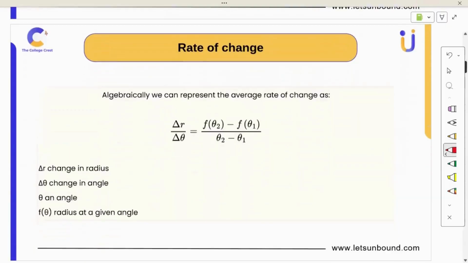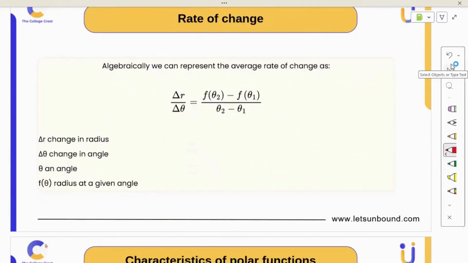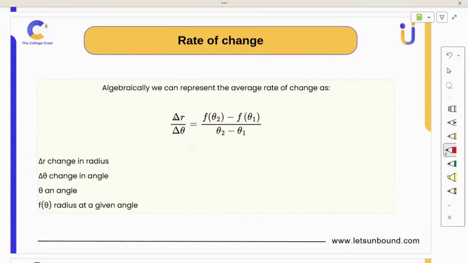So here is the rate of change formula for a polar function: how the radius changes with respect to theta. This del represents this triangular shape, right? It represents rate. So rate of change in r divided by rate of change in theta. r is nothing but f of theta, right? For intervals, average rate of change, in the sense they will give an interval with two endpoints.